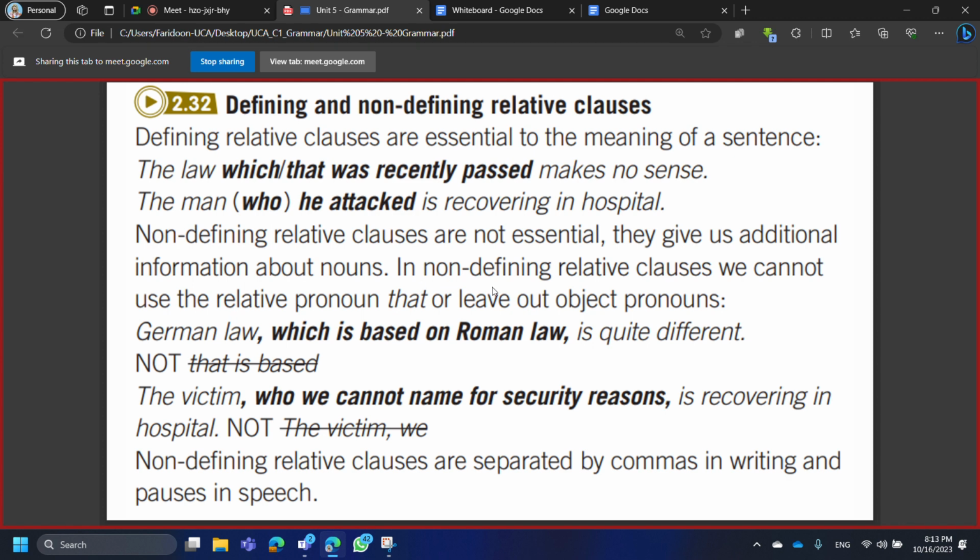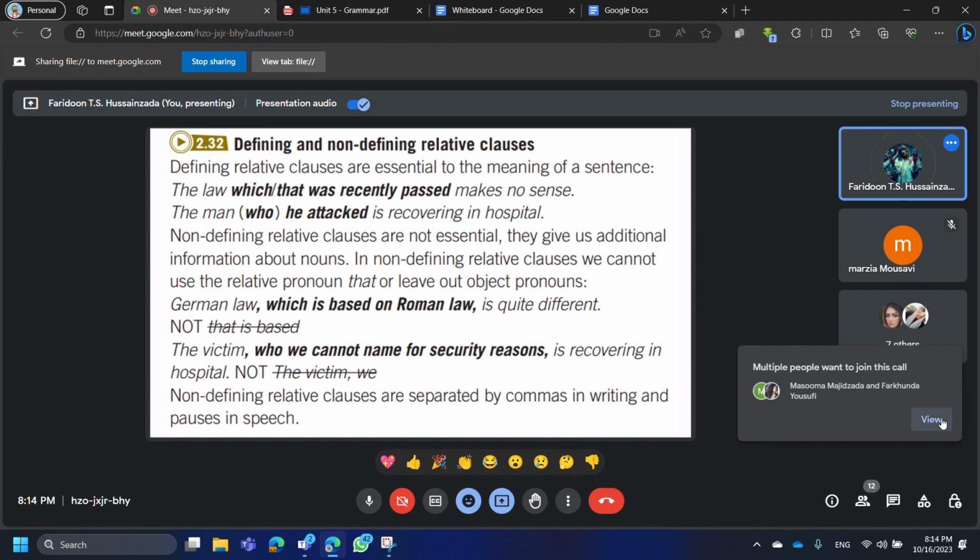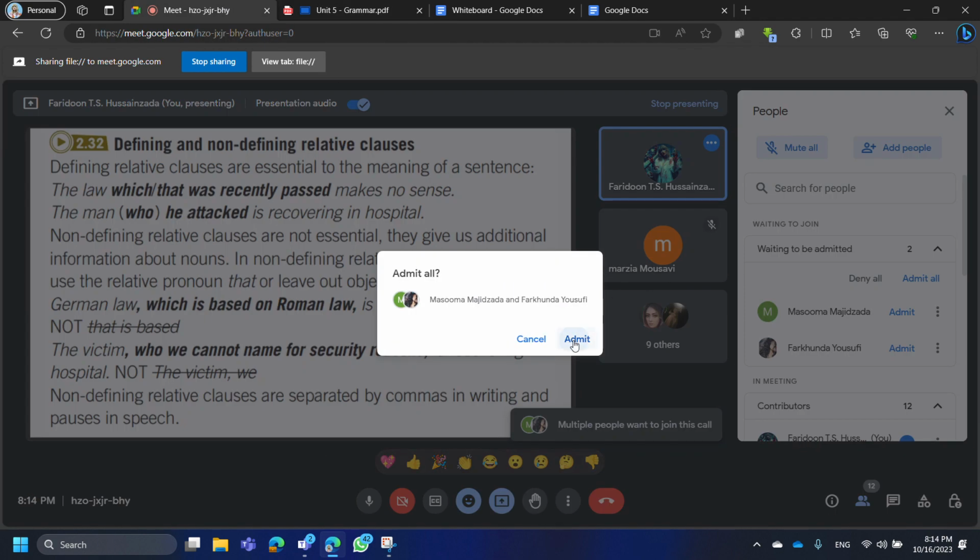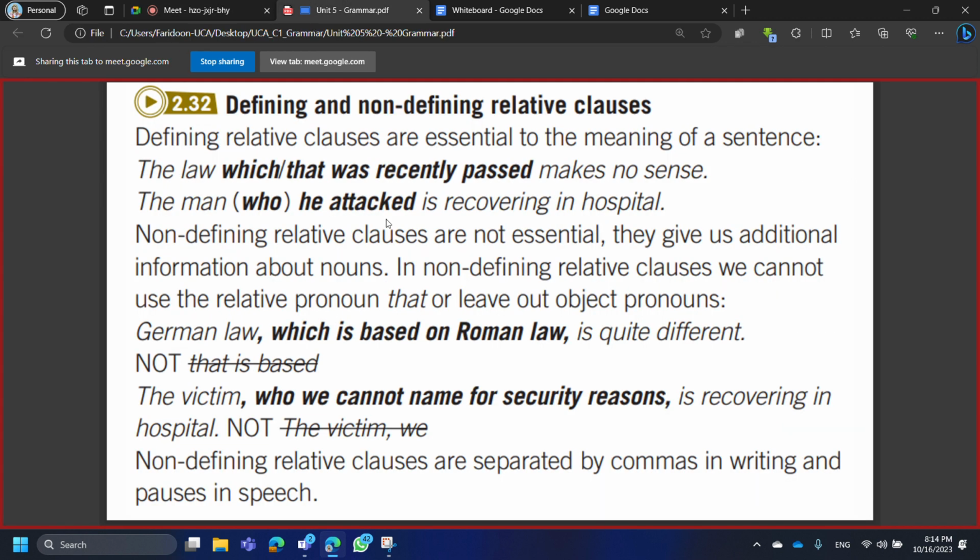So some examples about non-defining clauses. As you can see in here, guys, the noun that we're talking about is German law. German law by itself is very, very specific. It doesn't need any information, so the information that you're going to give to it is not essential, meaning that it's extra.